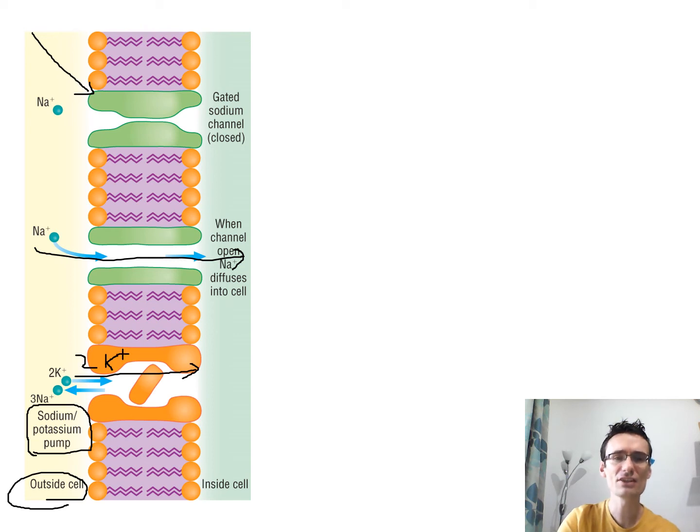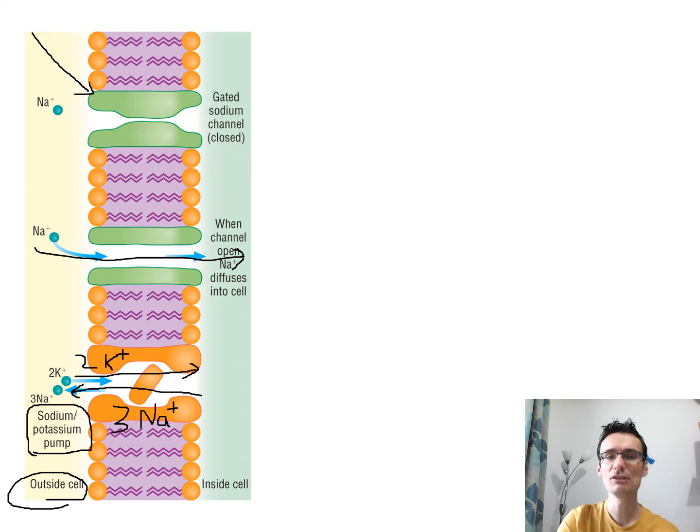Now that number is very, very important, because if you remember what we said a moment ago, the inside of the axon is slightly negative compared to the outside. Well, look at those numbers, that shows you why it's slightly negative. For every 3 sodiums you move out, you only push 2 potassiums back in.